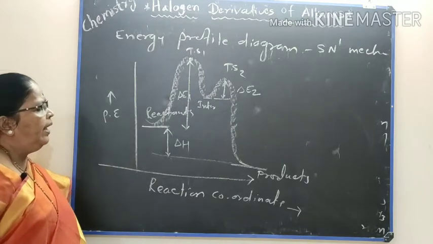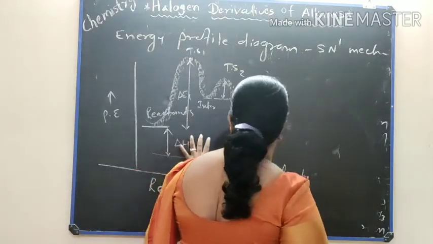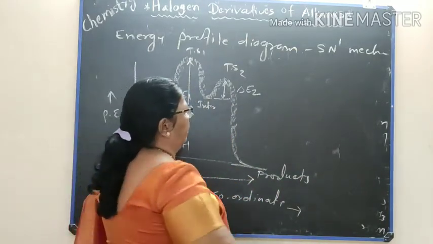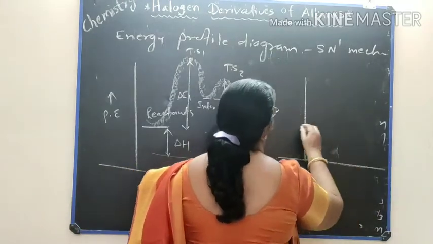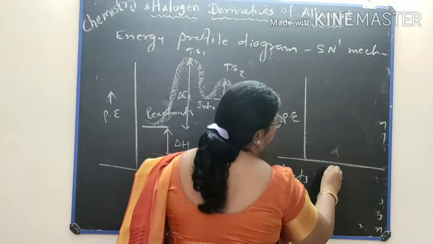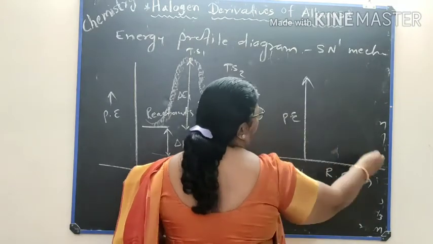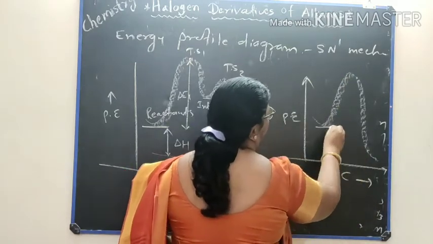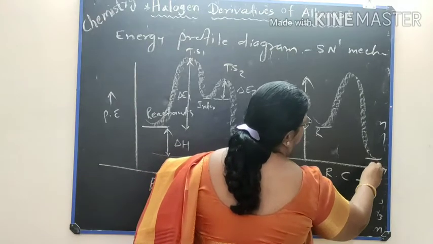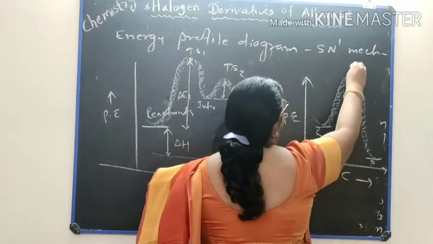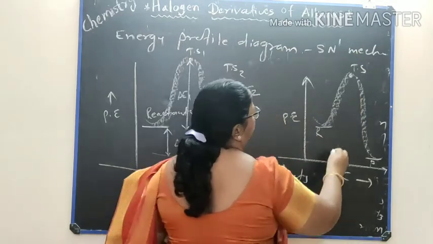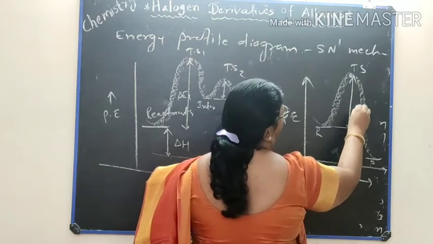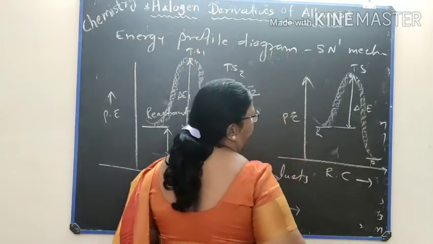Now in the SN2 mechanism, the graph plotted of potential energy against the reaction coordinate is called the energy profile diagram. There is only one peak. These are the reactants, and this is the product. The highest energy state is the transition state, and the energy difference between the transition state and reactants is called the energy of activation.